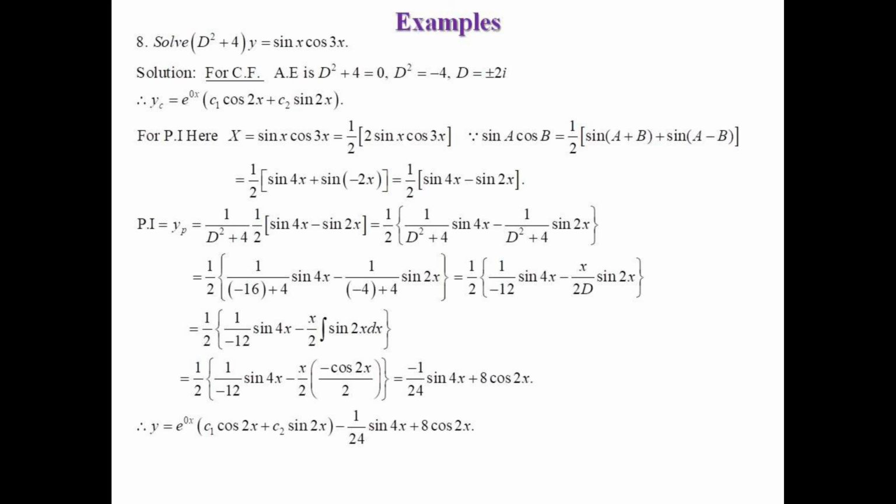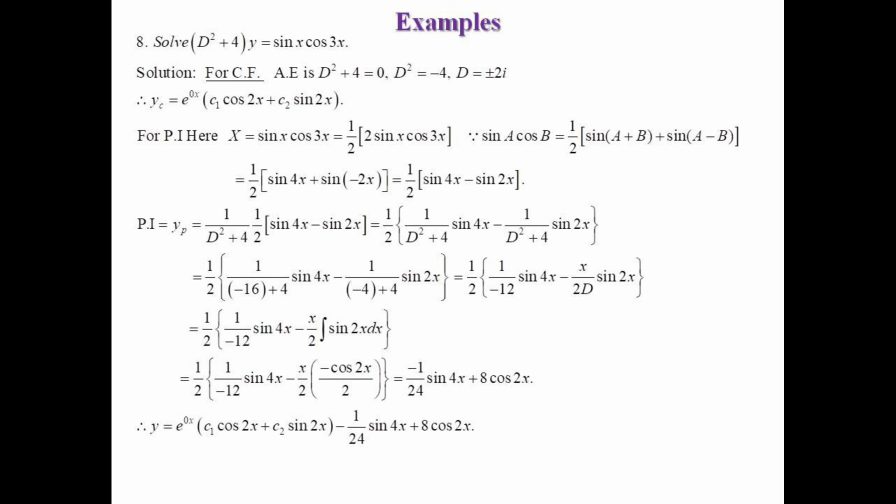In the first term, comparing sin ax with sin 4x, the value of a is 4. So replace D square by minus 4 square, that means minus 16.